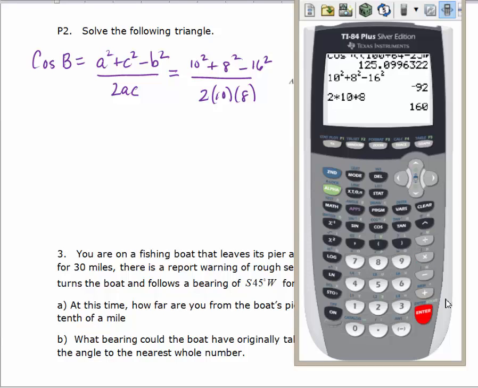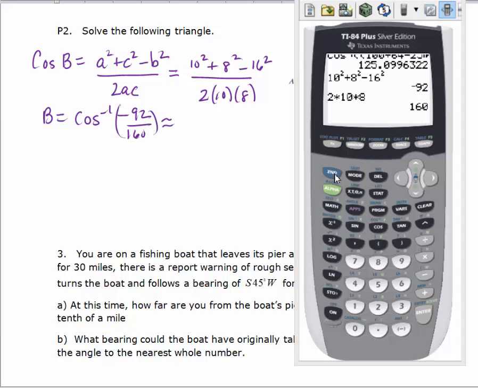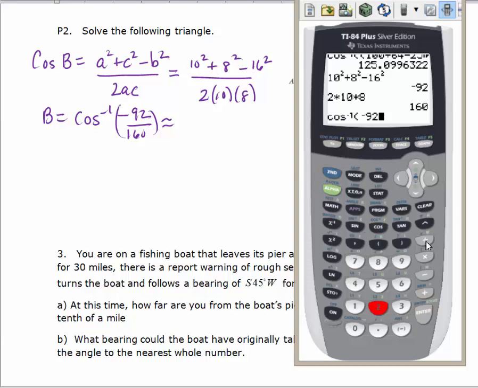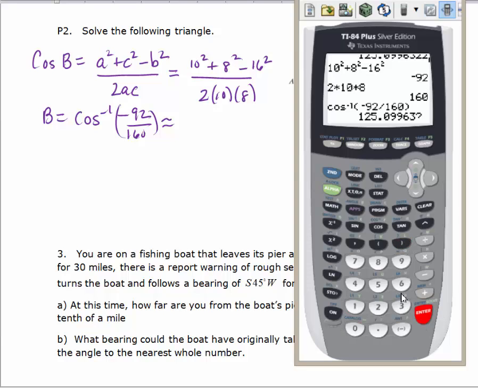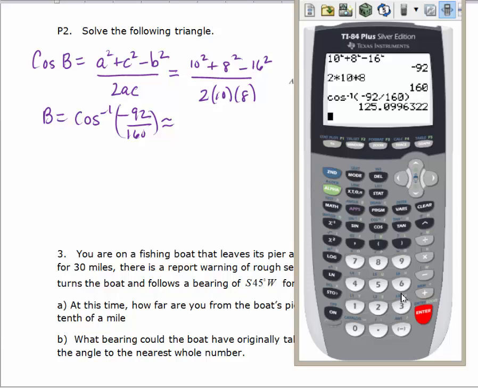So we'd have B would equal the inverse cosine of negative 92 over 160. So second cosine, negative 92 divided by 160, close them, and we should get the 125 again. So really, it's about you being comfortable. Choose which method you prefer. Let's write that value down.